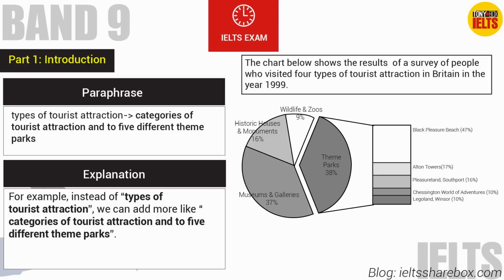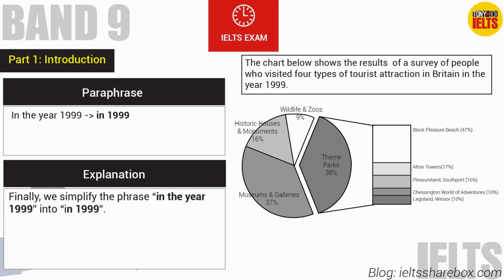For example, instead of types of tourist attraction, we can add more like categories of tourist attraction and 5 different theme parks. Finally, we simplify the phrase in the year 1999 into in 1999.